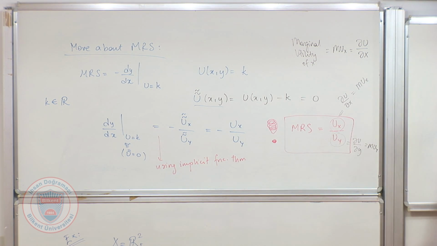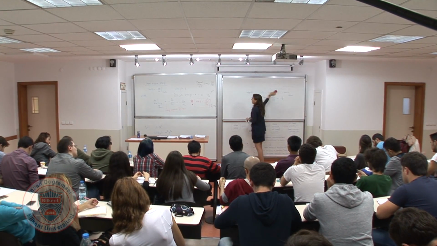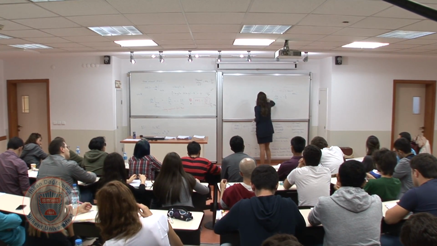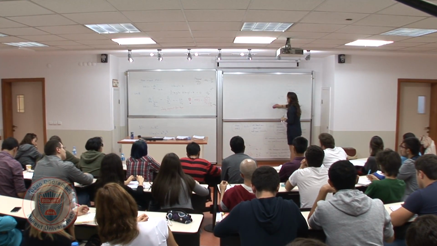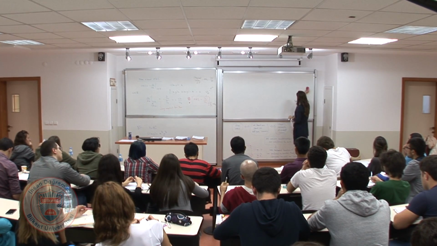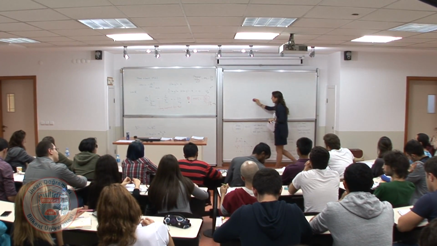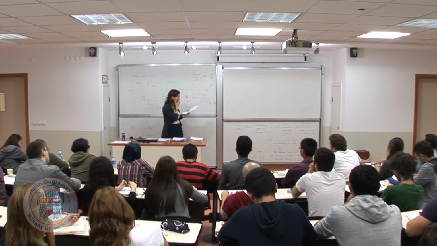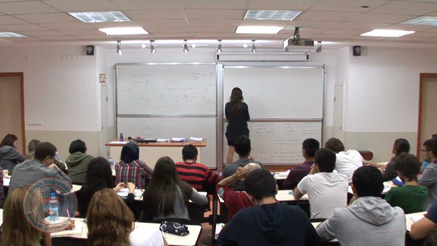Now let's have a look at this. Remember we said that if I take a positive monotone transformation of a utility function, things won't change. They will represent the same information, the same preference relation. Now let's recall our example.